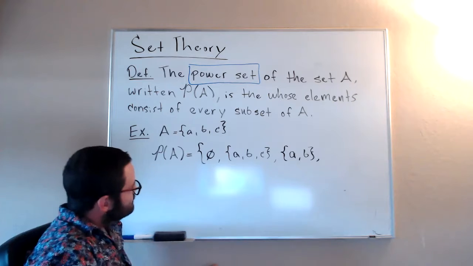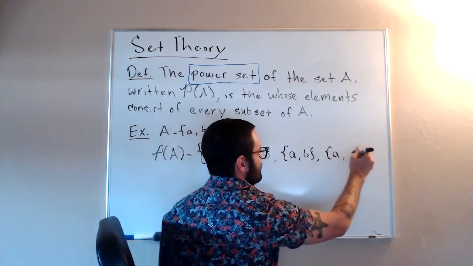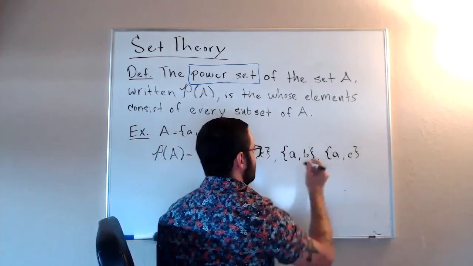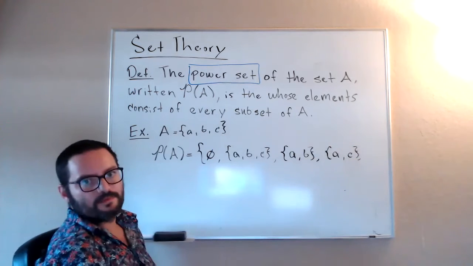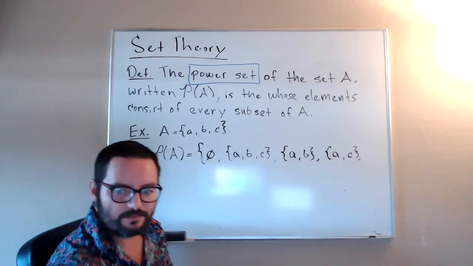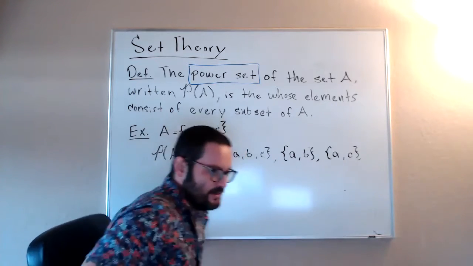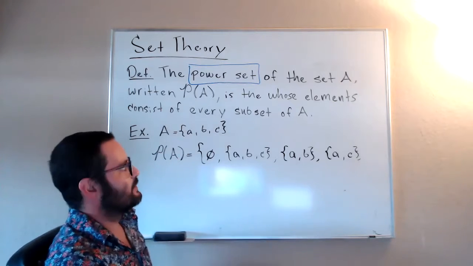What about the set with elements a and c? What's another one? Somebody. {b, c}, right? But be careful when you say that. When you say it out loud, say the set with elements b and c.